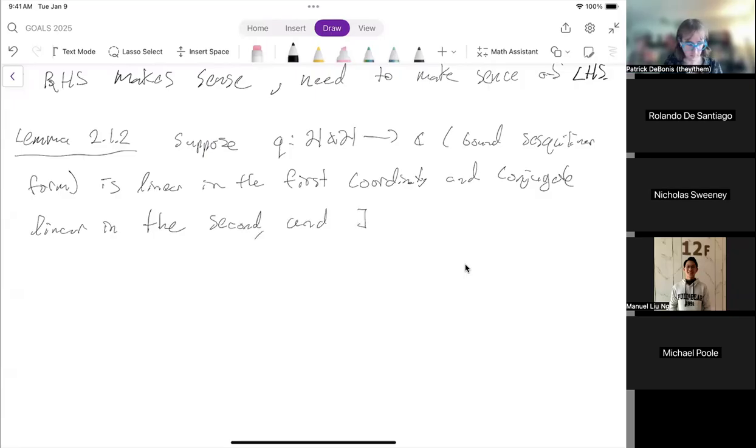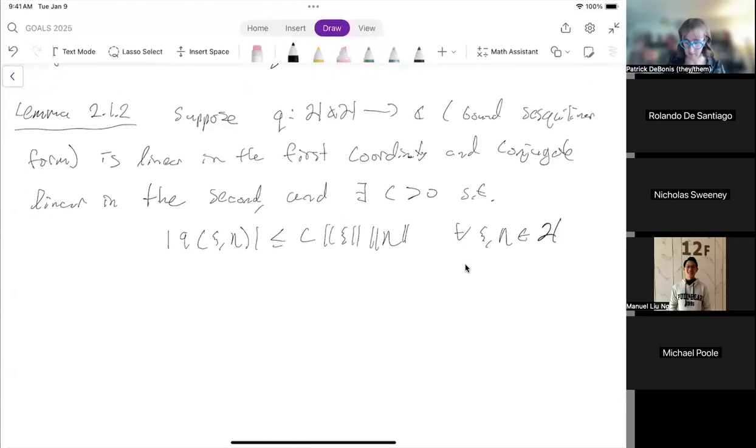And there exists a constant C positive, such that this form is bounded by C and the norm of your two vectors. This holds for all vectors in your Hilbert space.